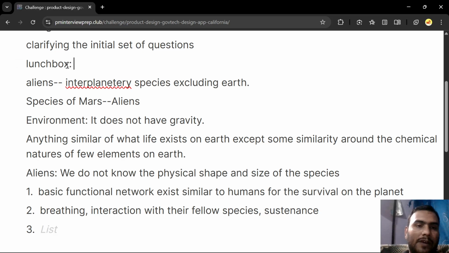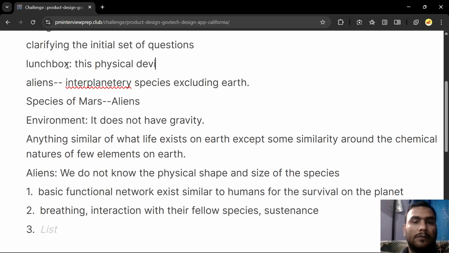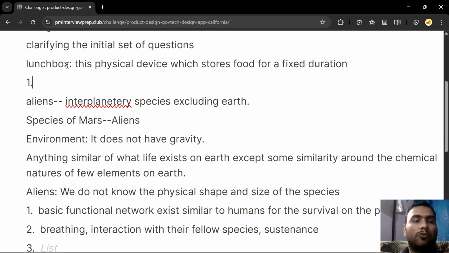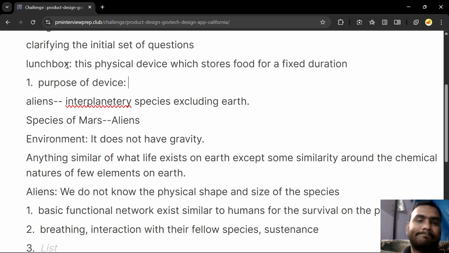So by lunchbox, I'm assuming that this is a physical device which stores food for a fixed duration. The purpose of the device is storing food for a fixed duration.